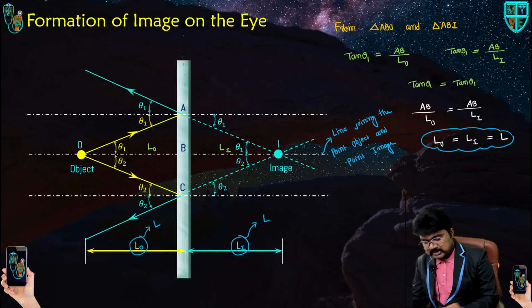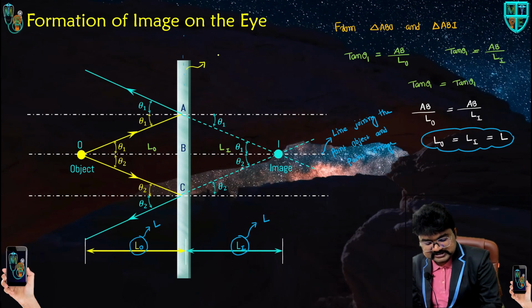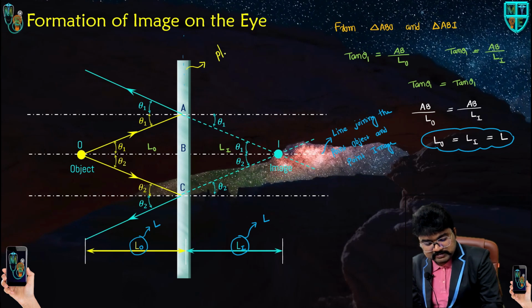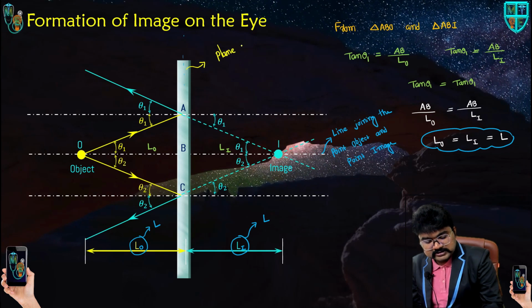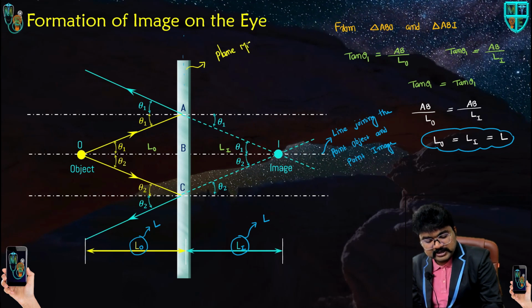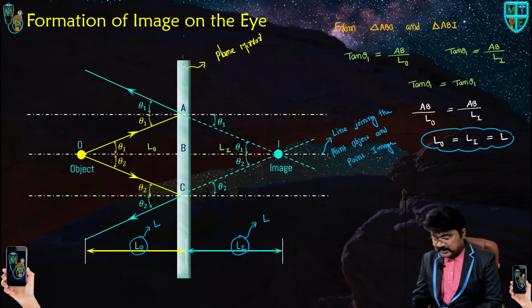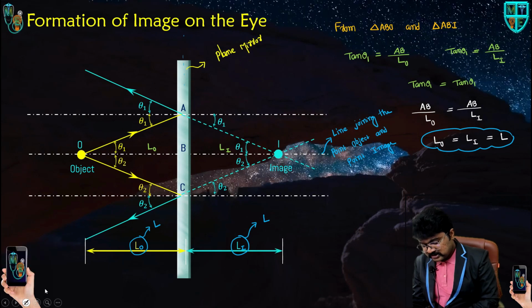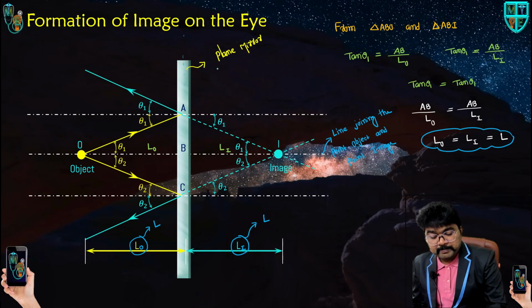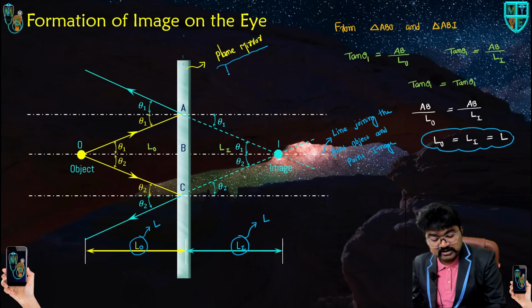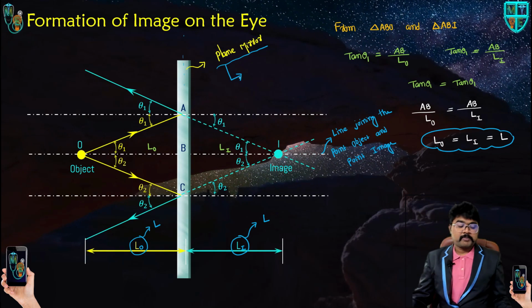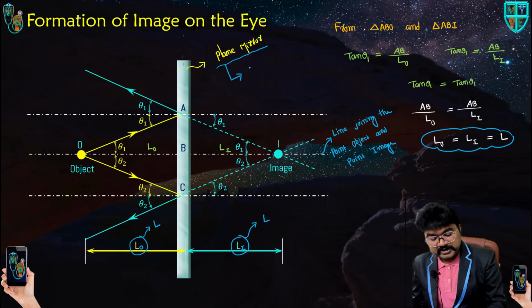Here this is the plane mirror. This would be the plane mirror. Plane mirror is the perpendicular bisector of the line joining the point object and point image.